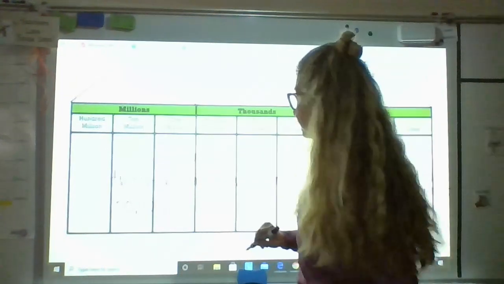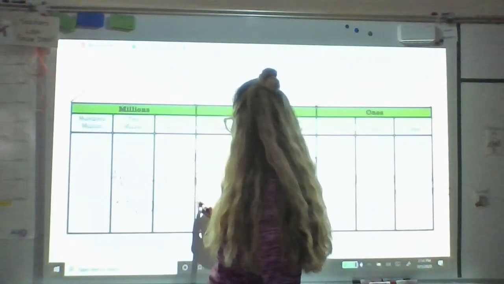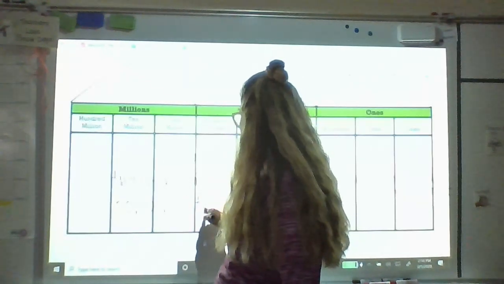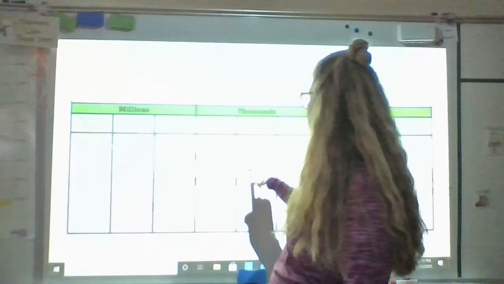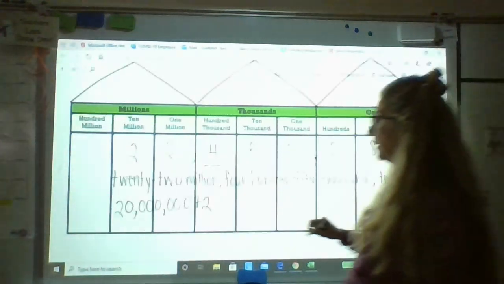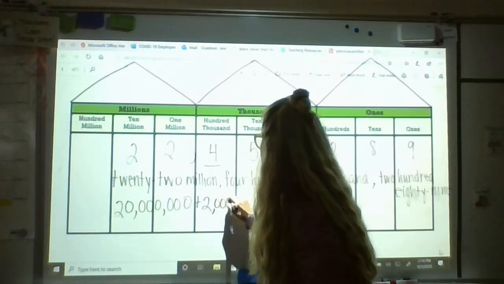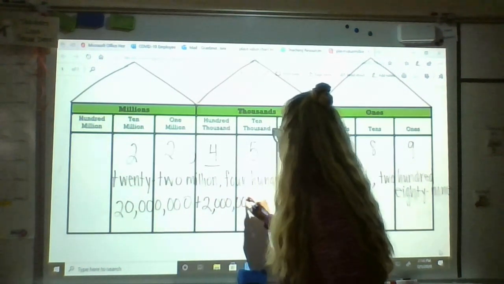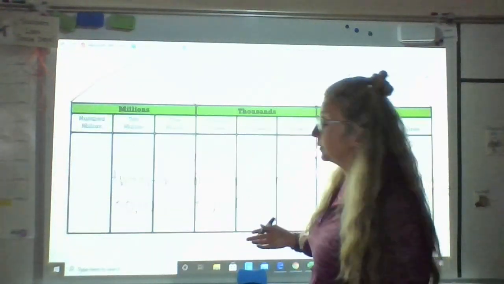All right, now I've got 2 million. So I'm going to start with my 2, and I'm going to count my spots again. I need 1, 2, 3, 4, 5, 6 zeros. That's a great strategy. I didn't think of that. That's okay. I'm gonna use it. Everybody has different strategies that work for them.